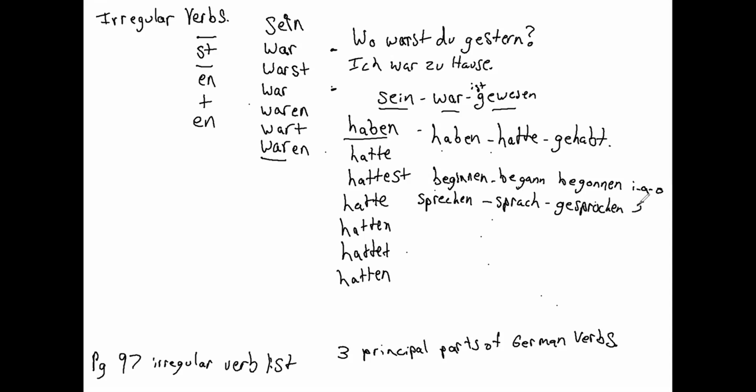So this essentially uses the same pattern as beginnen, begann, begonnen: sprechen, sprach, gesprochen. Because if it's ich spreche, du sprichst, that has an I in there for the present tense. So I, A, O. This is also going to happen with schwimmen, schwamm, geschwommen.